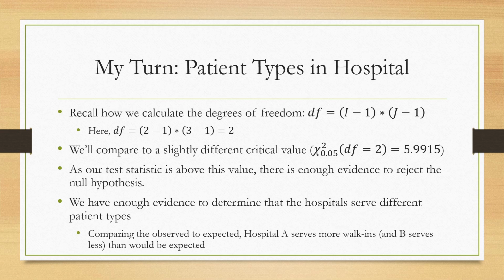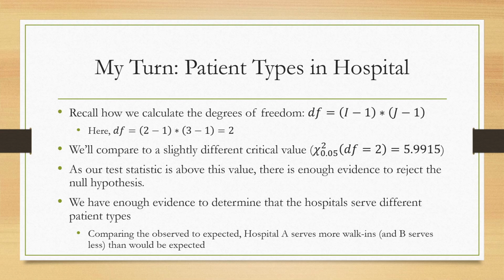It does look like, again, when I compare the observed to the expected, and now this is okay. Recall that I couldn't go into those and break them out as I was doing on the last slide. That wasn't really appropriate unless this was significant. Well, now it is significant. And in the last case, it wasn't. So we said, hey, don't write this in your story. Now I might write this in my statistical story. I might say, hey, look, hospital A looks like it had a higher proportion of walk-ins than we would tend to expect.